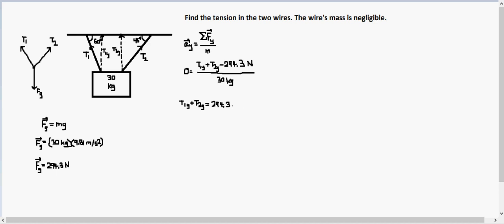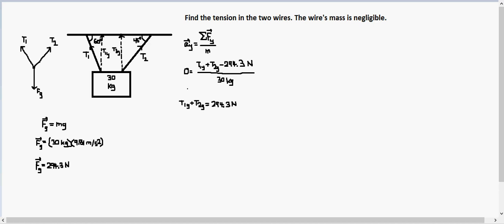And we seem to have hit a roadblock here. We have an equation with two variables, T1y and T2y, and that's a problem for us, because we cannot solve it.